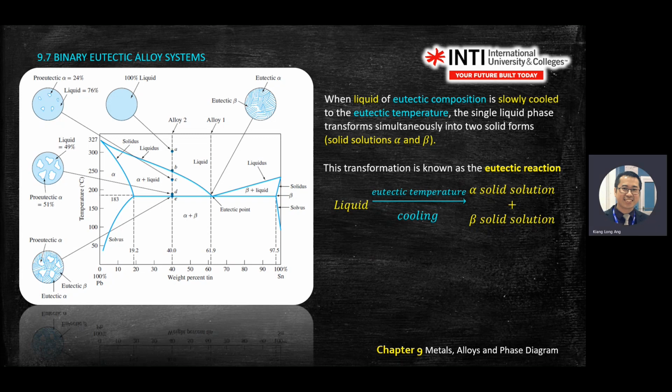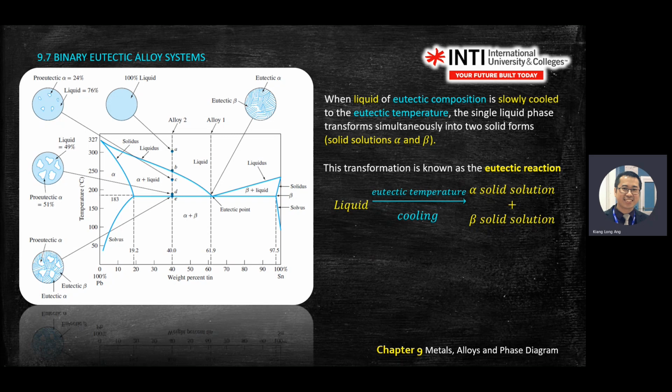So for the Sn-Pb diagram, when you drop your temperature to the eutectic temperature, you will see alpha and beta. How do you know alpha and beta? You use your ruler, you go and find the eutectic temperature. You stop there, then use your ruler and draw to the left, a straight horizontal line.